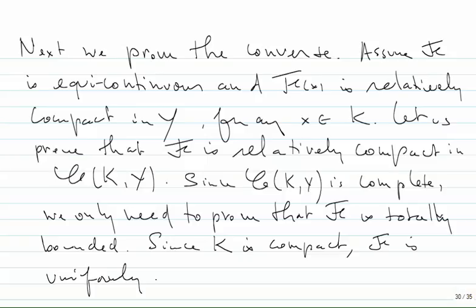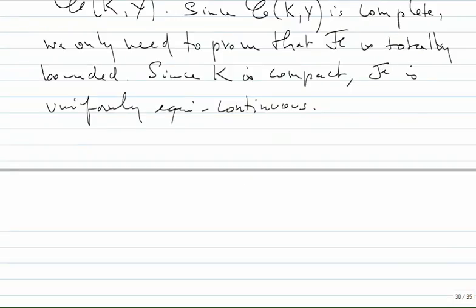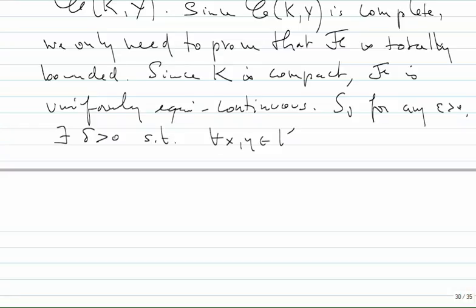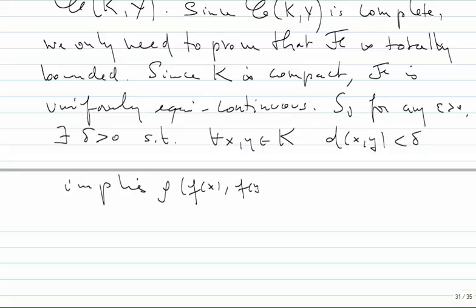So for any epsilon positive, there exists delta such that for any x and y in K, the distance of x to y less than delta implies rho of f of x, f of y is less than epsilon over 4 for any f in the family. So that's the uniform equicontinuity.